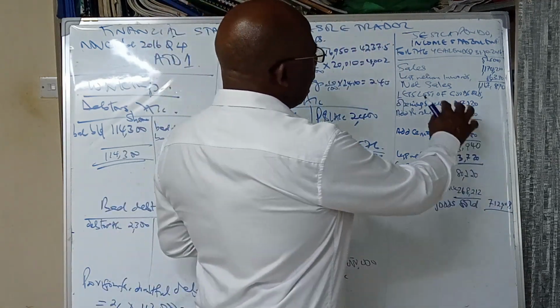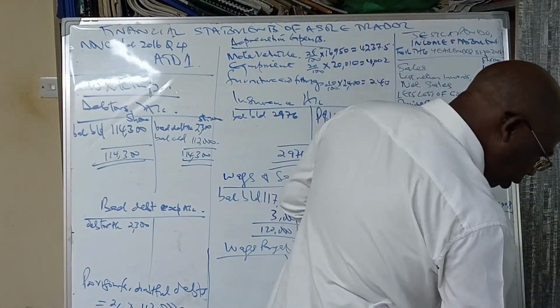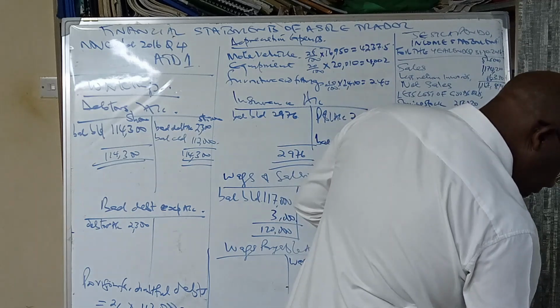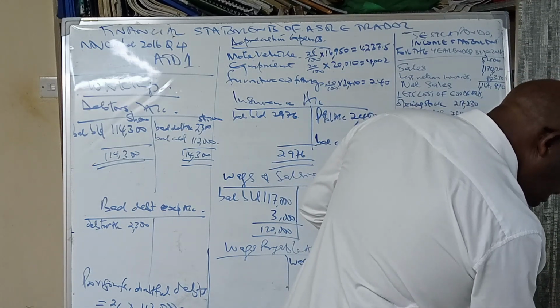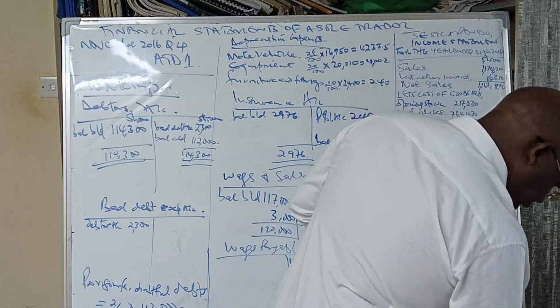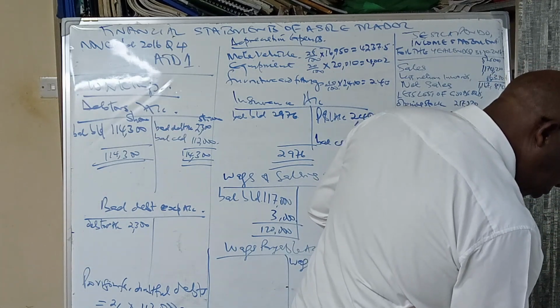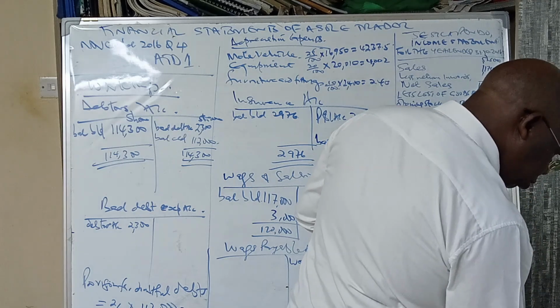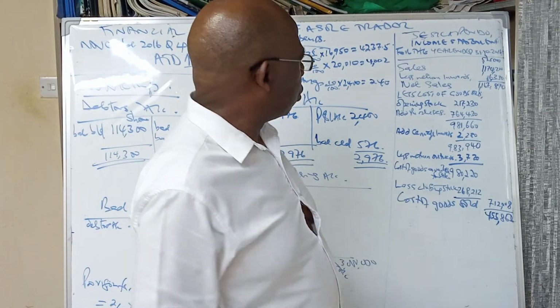We get 712,008. Now, from our net sales of 1,167,870, we subtract the cost of goods sold, and we get 455,862.